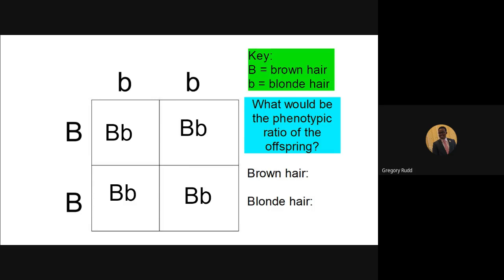Excellent. Thank you, Alyssa, Jessica, and Fanique. So everybody else, I hope you are staying with us and taking notes. I should have 4 offspring with brown hair. The reason for that is that a heterozygous genotype still expresses the dominant trait.